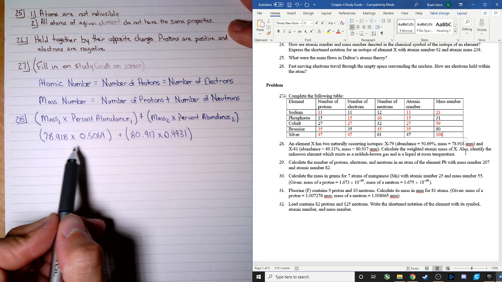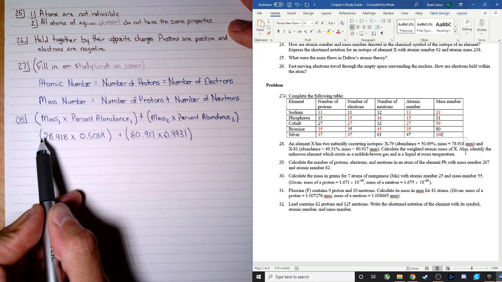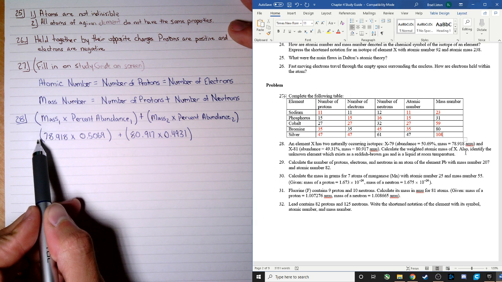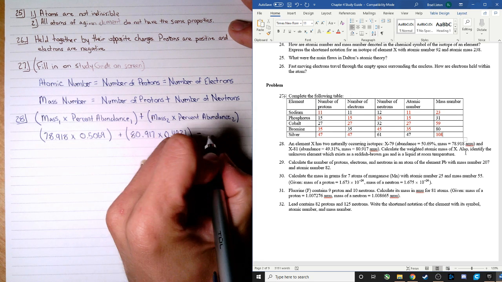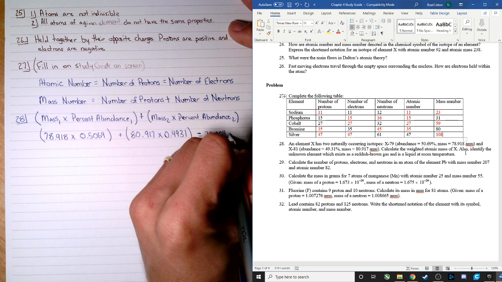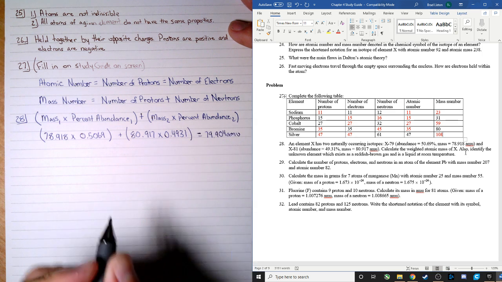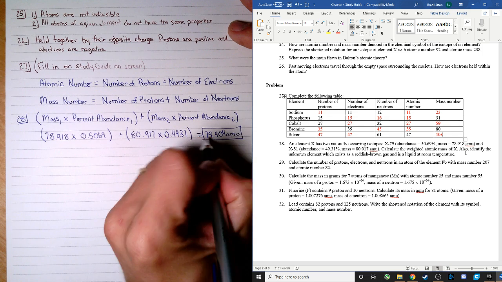Then whenever you type this into your calculator, using parentheses, by the way, you will get an answer of roughly 79.904 AMUs. That's one answer.